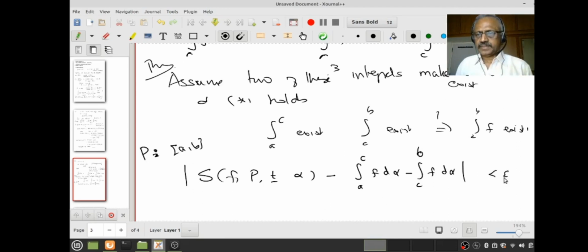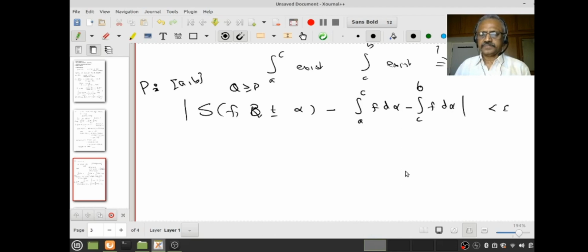If you give me an epsilon, I have to find a partition P so that for every Q finer than P, this should happen. Is that clear? Then I would have proved the result: the integral from A to B exists and it's equal to the sum of these two. That's by definition, right?